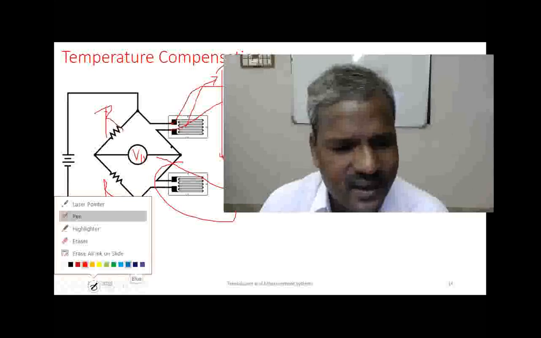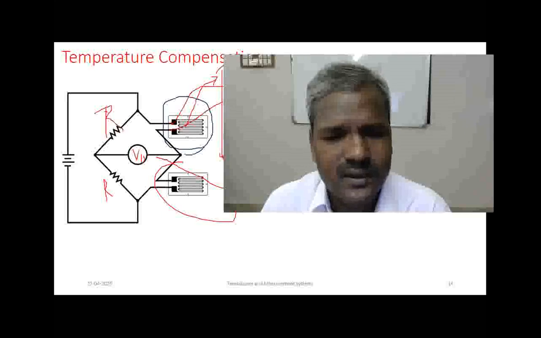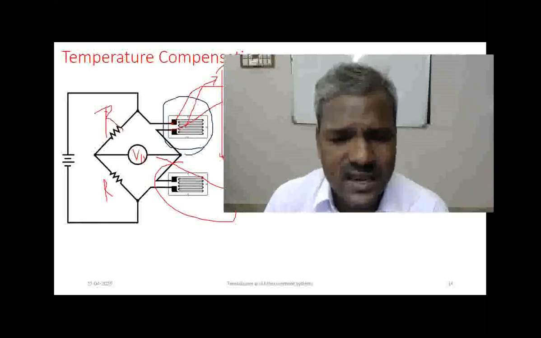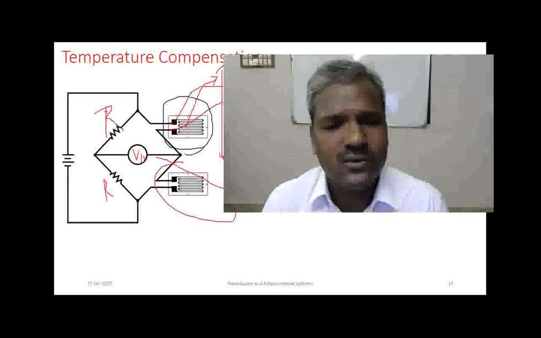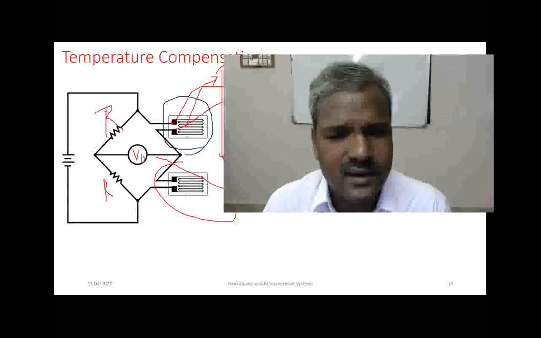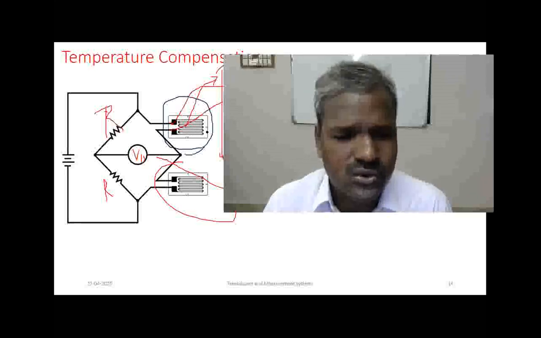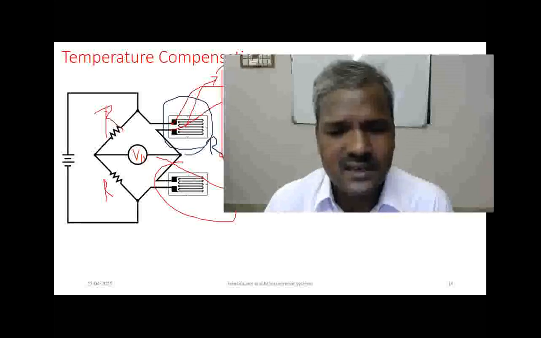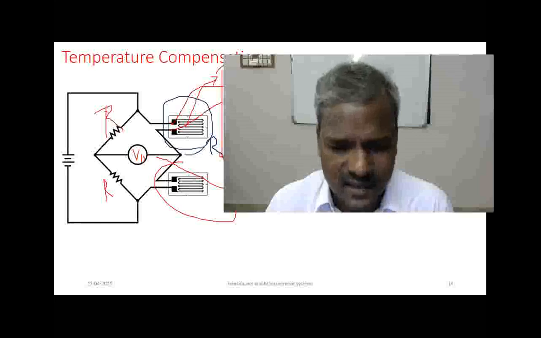What is the purpose of this strain gauge? The strain gauge is intended to measure the strain developed in the cantilever beam. This strain is directly proportional to the change in gauge resistance del R. The strain developed in the cantilever beam is detected using the strain gauge whose nominal value is R plus del R for increasing tensile strain.